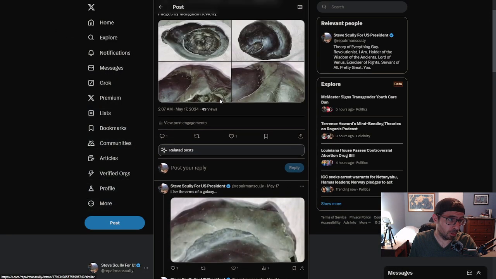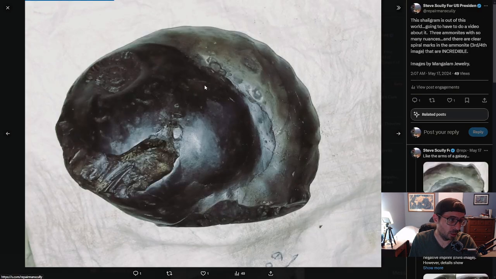If we go back to this first image, this boundary out here goes this way, over here, around here, over to here, and across that way. And then it has these, this is a mass of an ammonite if I've ever seen one.